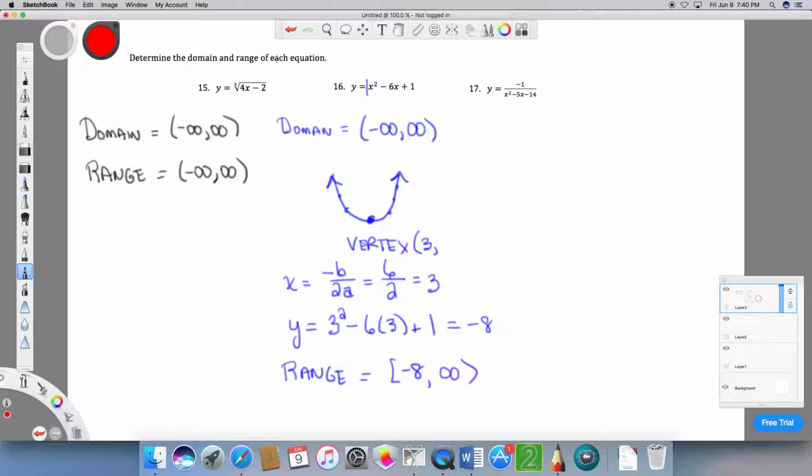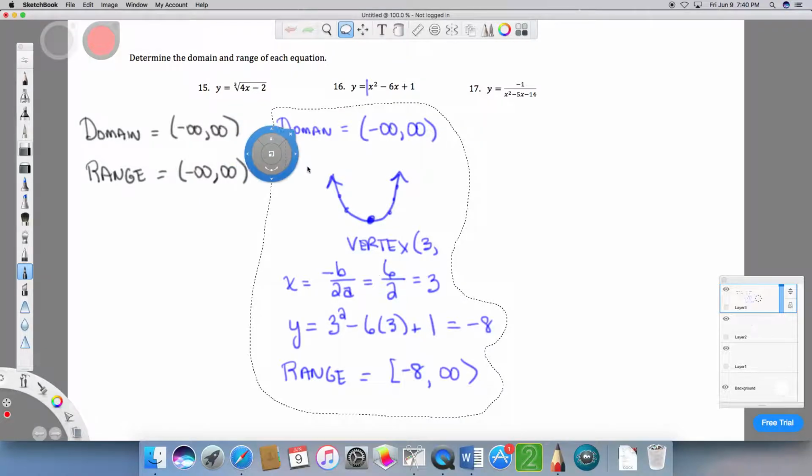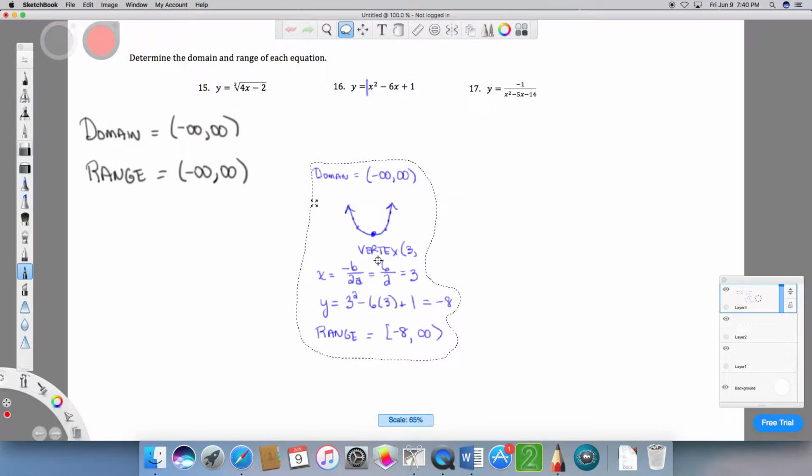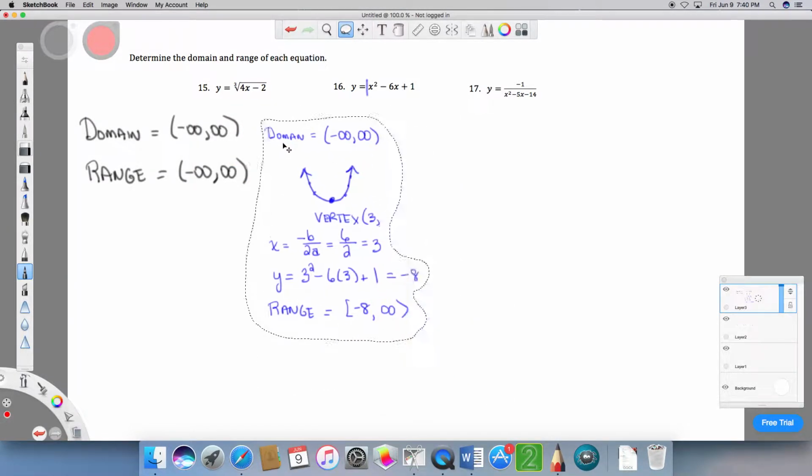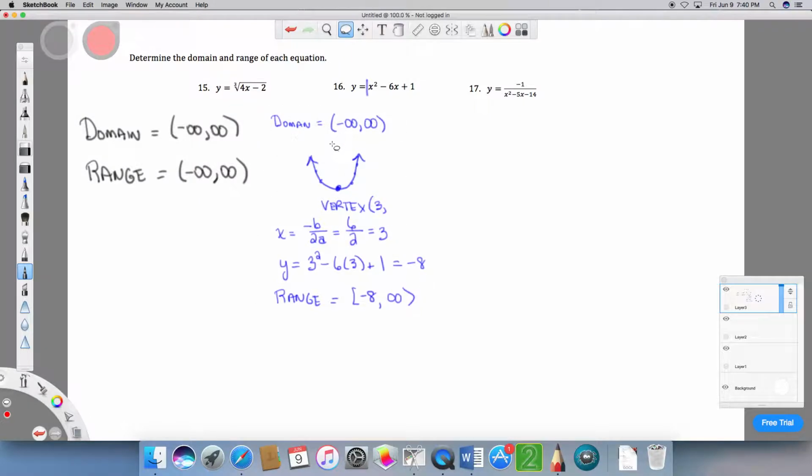It's a little bit more of a challenge. For the domain, we start out the same way each and every time. The domain is always the set of all real numbers, excluding any values that cause division by 0, and also excluding any values that would cause us to take the square root of a negative number.